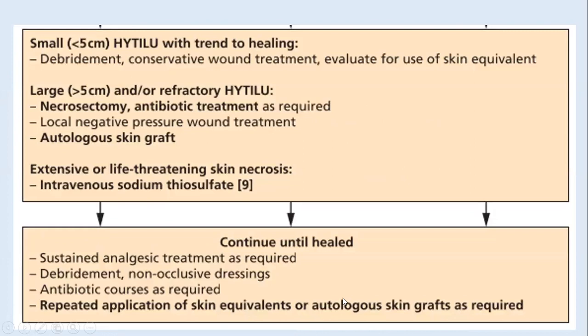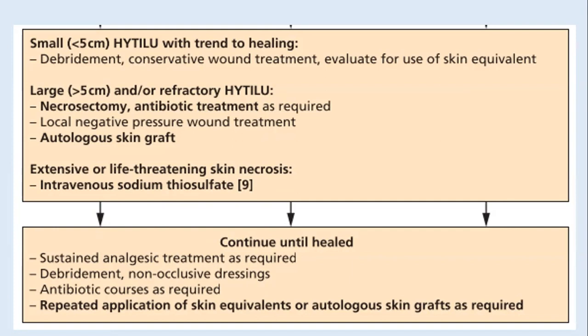If there is a small ulcer less than 5 centimeters, it will heal by debridement and conservative wound treatment, and sometimes it requires skin equivalent dressing. For a large ulcer more than 5 centimeters or in case of refractory hypertensive ischemic leg ulcers, we proceed by removing the necrotic tissue and giving systemic antibiotics, then local negative pressure wound treatment and autologous skin graft.